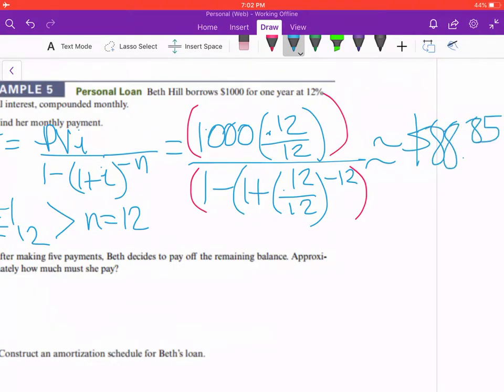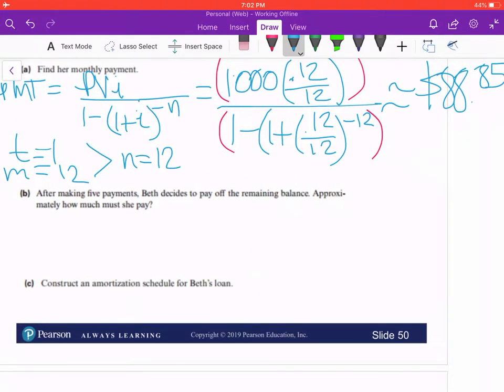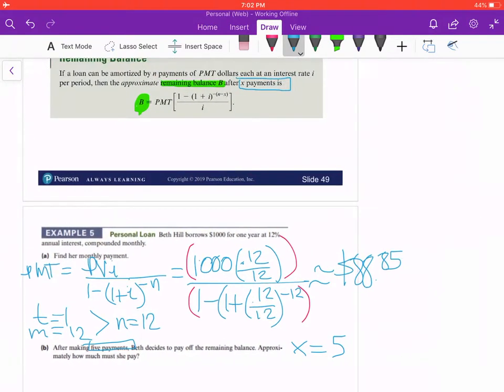Now for the next question, we have: after making 5 payments, Beth decides to pay off the remaining balance. Approximately how much must she pay? So here, the 5 payments, that's what's going to take the place of our x in the formula.